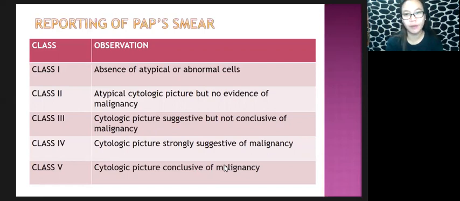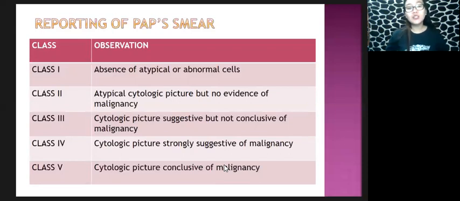So you have to memorize this table because sometimes they would ask two questions in the board exam coming from this table. So how do we report it? We have here 5 classes, class 1, 2, 3, 4, and 5, depending upon the morphology of cells that the pathologist is able to observe during microscopic examination.